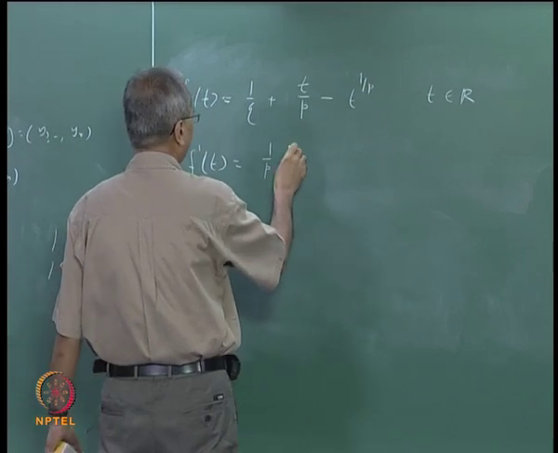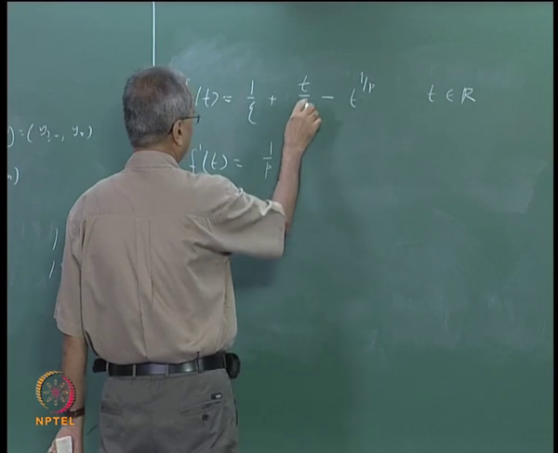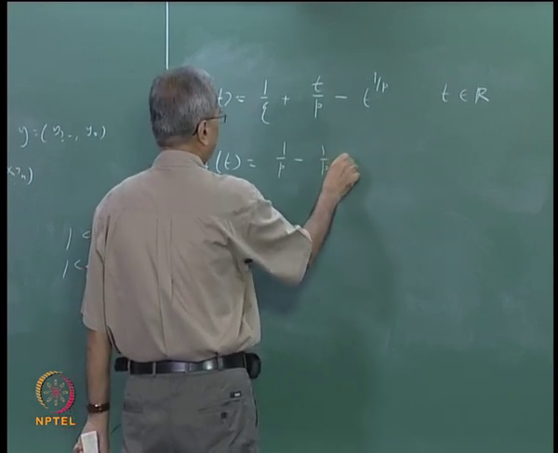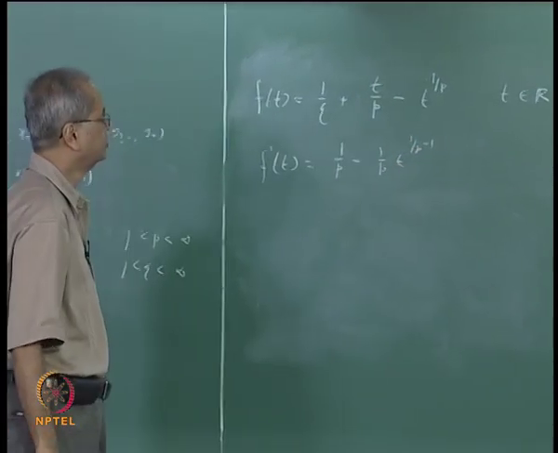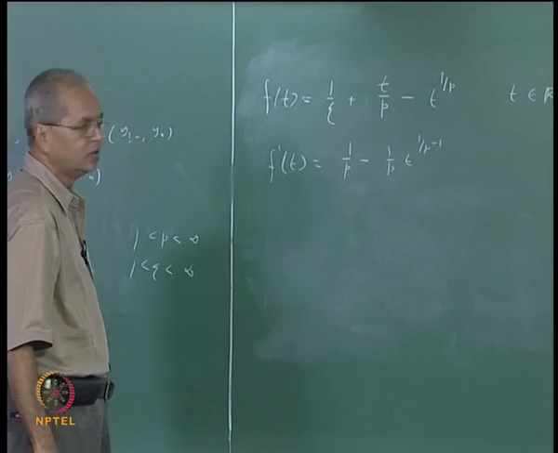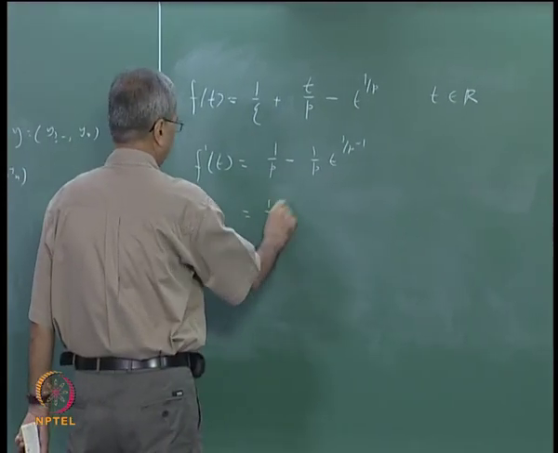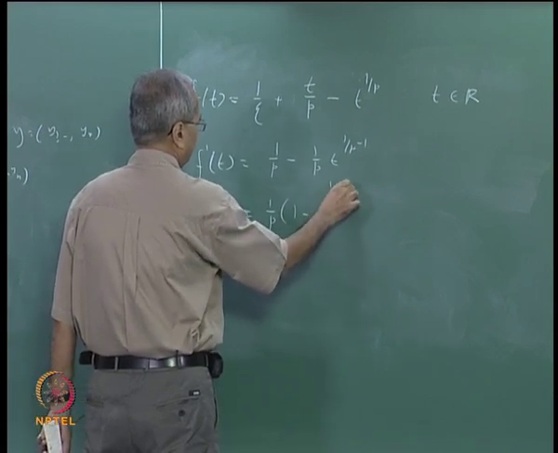The derivative is 1 by p minus 1 by p into t raised to 1 by p minus 1, so that is 1 by p into (1 minus t raised to 1 by p minus 1).